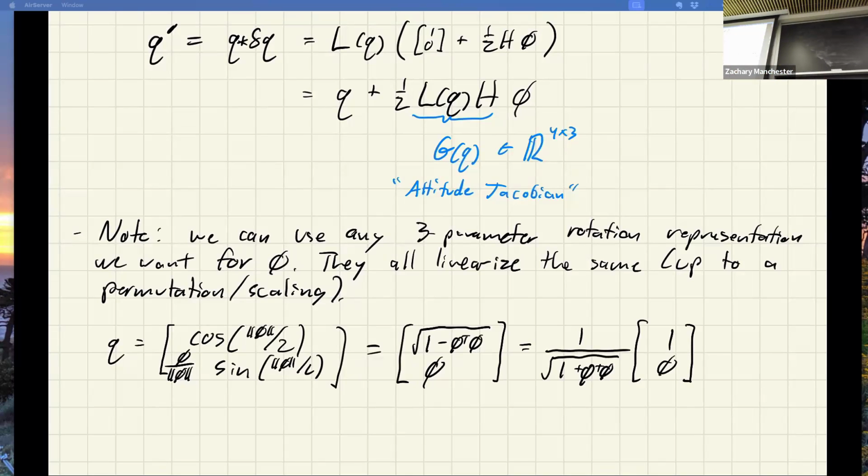If I linearize all of these, they all give you the same attitude Jacobian. Any one of these you want to use, it doesn't matter. If you wanted to be sadistic and use Euler angles for this, same story. You'll get some bizarre mapping with a bunch of trig functions, but if you linearize it for small angles, you get the attitude Jacobian. Roughly speaking, they're all higher order, so under linearization you throw out all the higher order terms, and you just get this at the end, which is clear in theory.